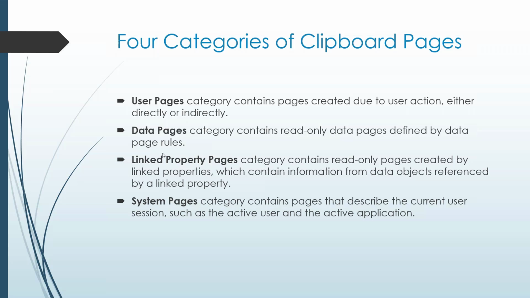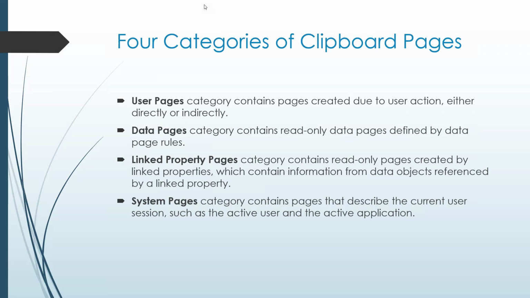And then I have something called data pages. This data pages category is specific to read-only information within the application. Sometimes you might get some external data into your application, and that could be read-only data. In order to view that, you should check the data pages category.